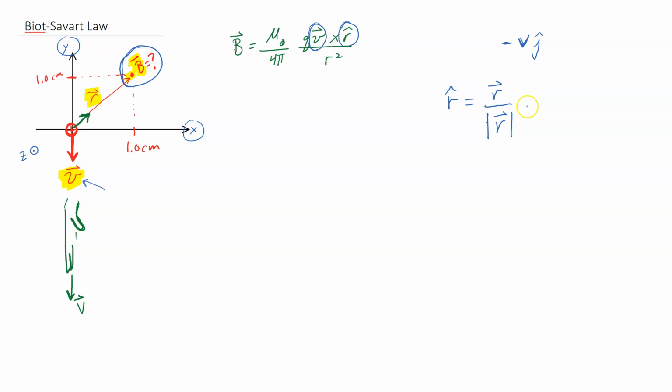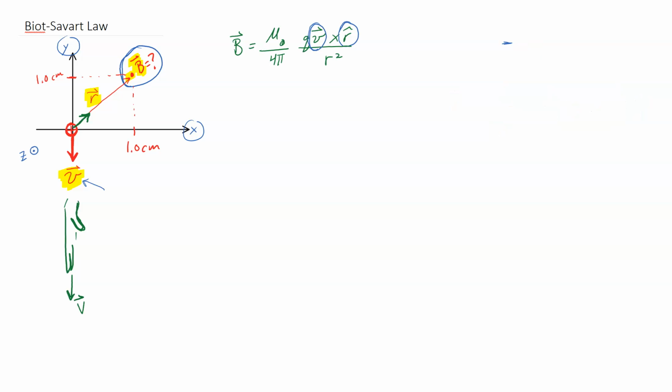So r hat would be equal to 1 over root 2 i hat plus 1 over root 2 j hat. And then you would do a vector cross product between v and r hat. You would be able to find the B direction in component form, and you're going to get something in the k hat direction. But let me show you the other way to do it.